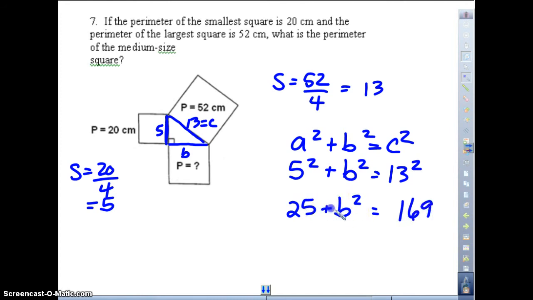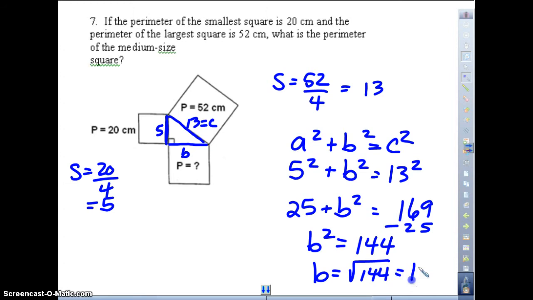B squared makes up the difference between 169 and 25, so we are going to subtract to get our B squared, and that gives us 144. So B has to be the square root of 144, which is what? 12 centimeters. This is 12 centimeters, this is 12 centimeters, that's 12 centimeters, this is 12 centimeters.